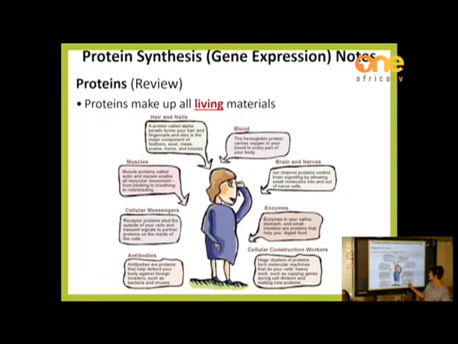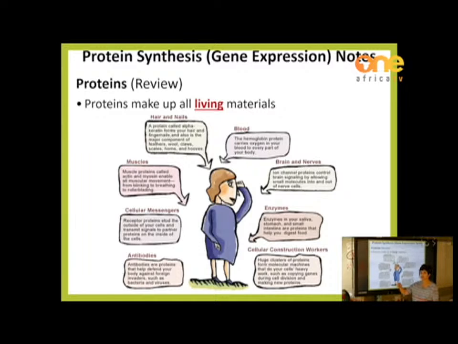Then we have clusters of proteins to help the cell copying genes and making cell division and new protein synthesis possible. Antibodies. Proteins that help with the immune system. We call them immunoglobulins.